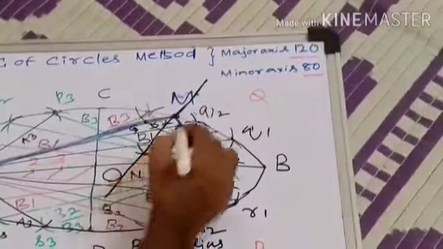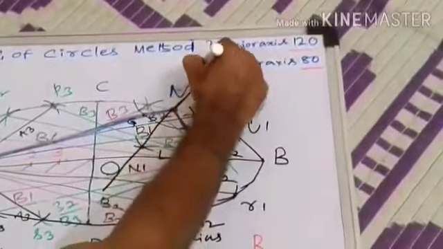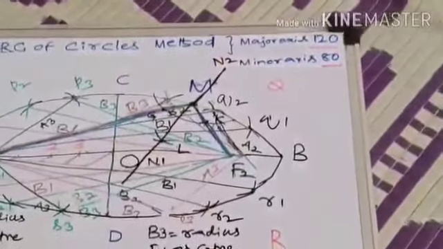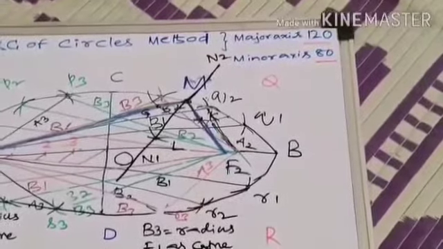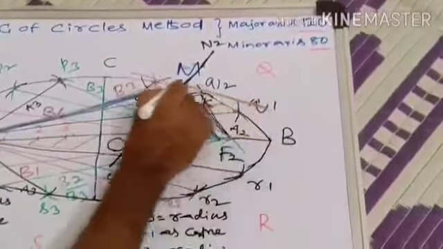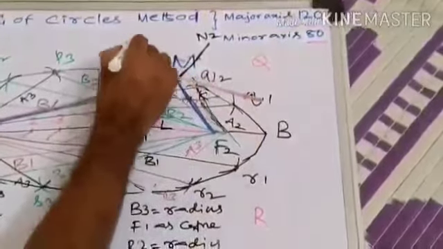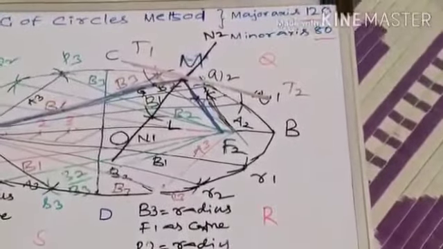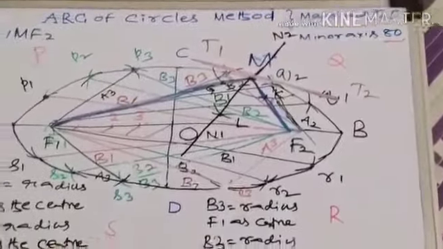This is going to be a normal N1 and N2. Perpendicular to this N1 and N2 line, you have to draw a perpendicular which is going to be its tangent, T1 and T2. So this is the procedure for foci method.